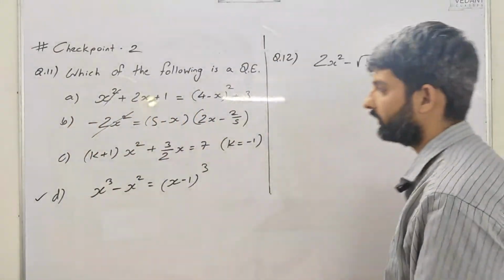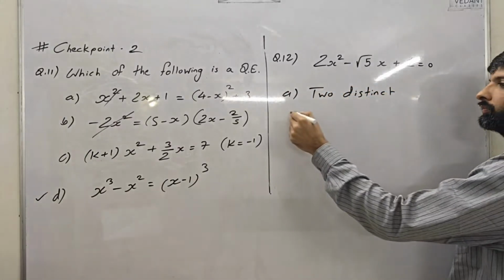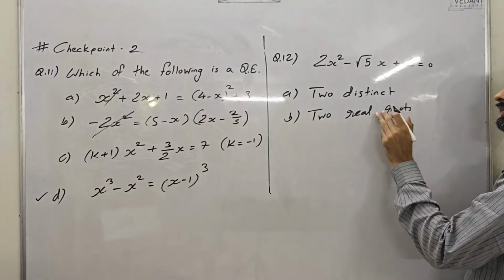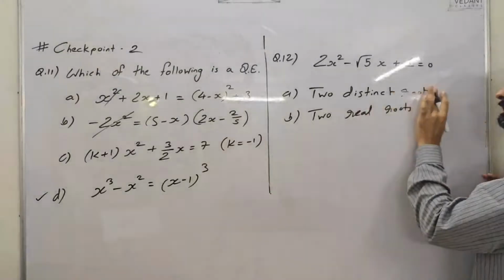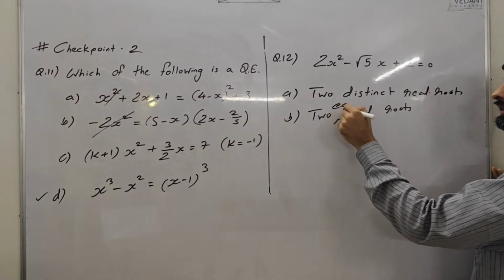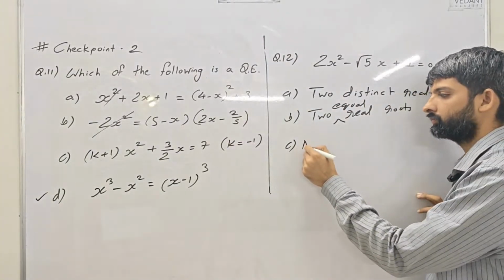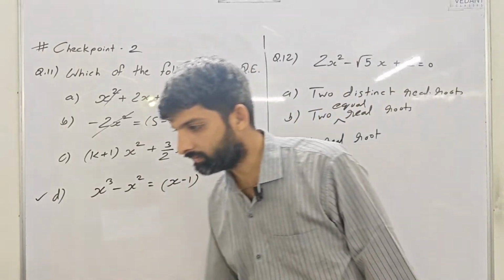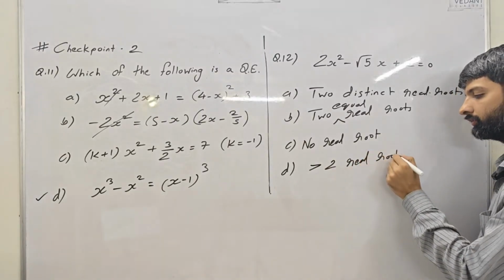The options are: two distinct real roots, two equal real roots, option C is no real roots, and option D is more than two real roots.